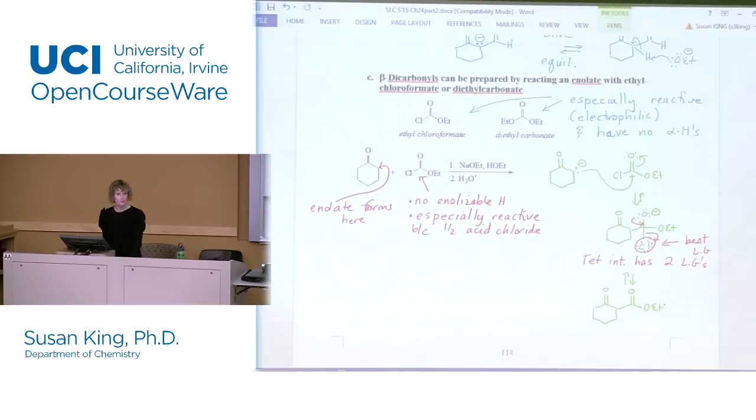Can we stop there? No, we're going to have to deprotonate. Long arrow to the left, short arrow to the right. We're going to deprotonate. That's what drives the equilibrium.